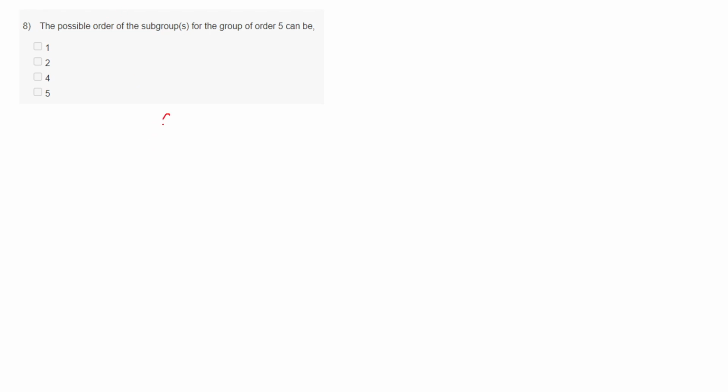So order of G divided by order of H will be an integer. That is what the Lagrange theorem says. So if you see the options, only 1 or 5 divide 5 to give an integer. So the options can be 1 or 5. It's just an application of the Lagrange theorem.